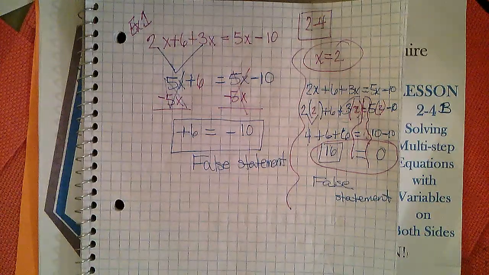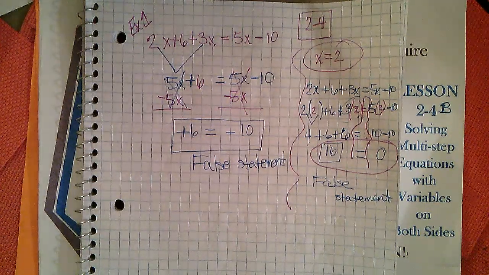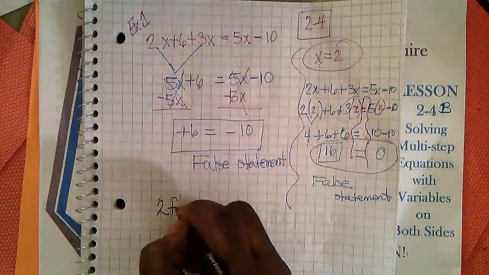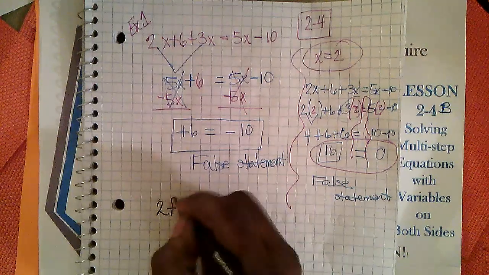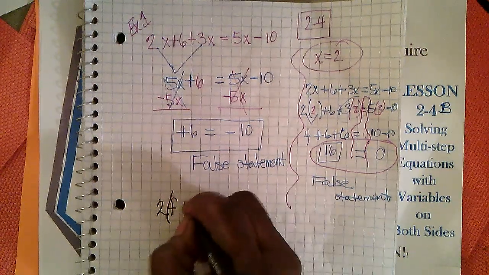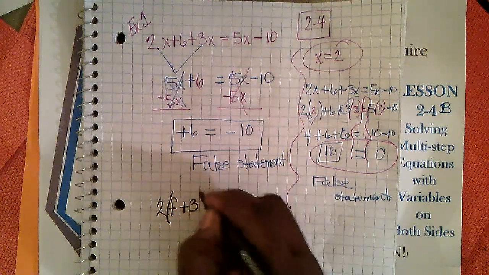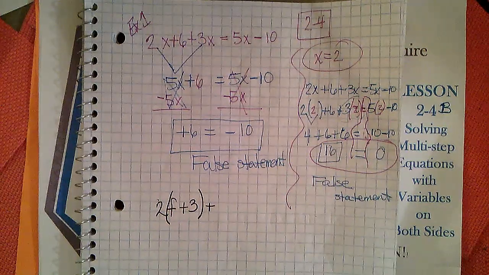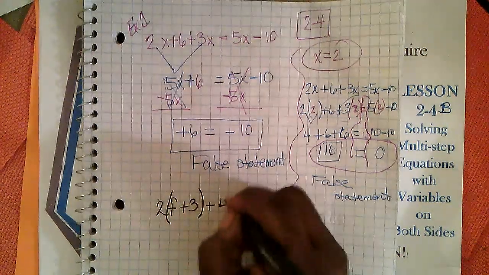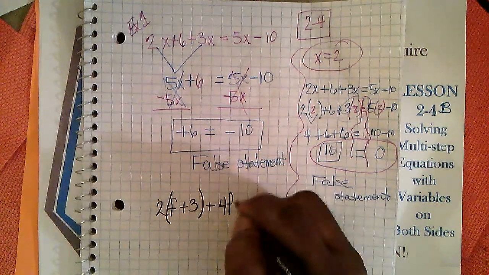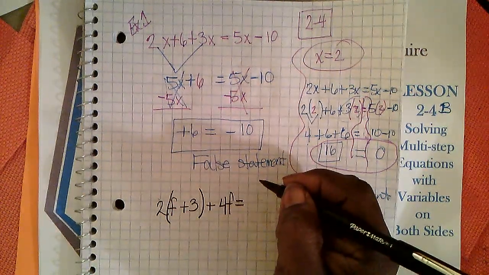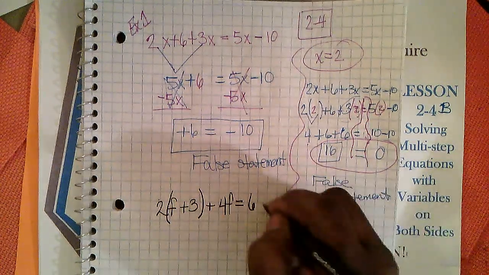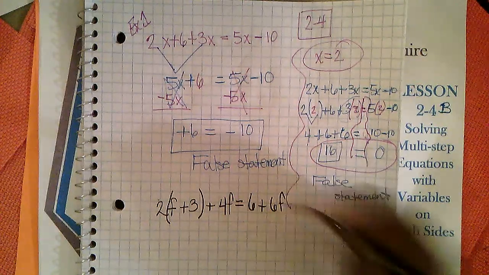And number 11 reads, 2 parentheses F plus 3, close parentheses, plus 4F equals 6 plus 6F.